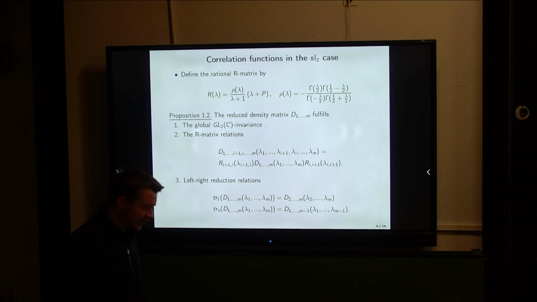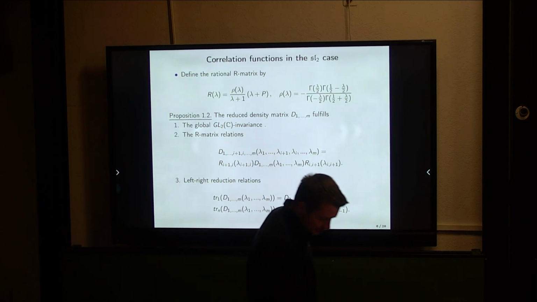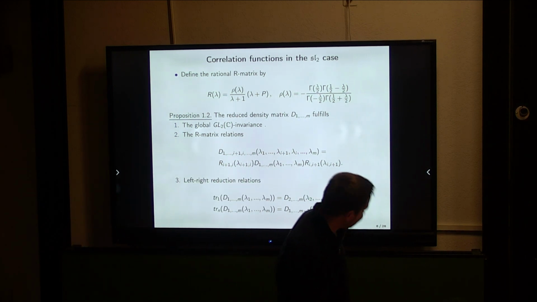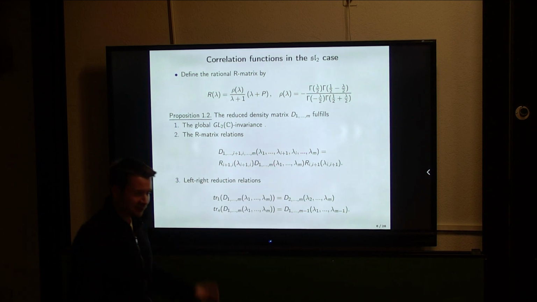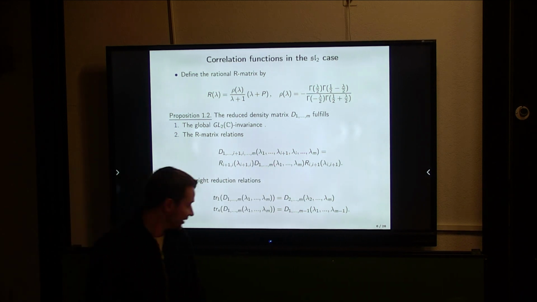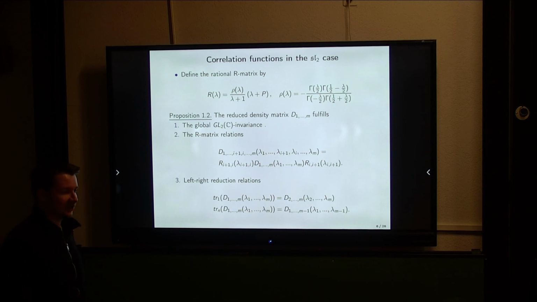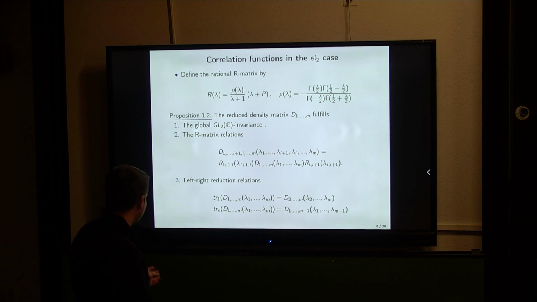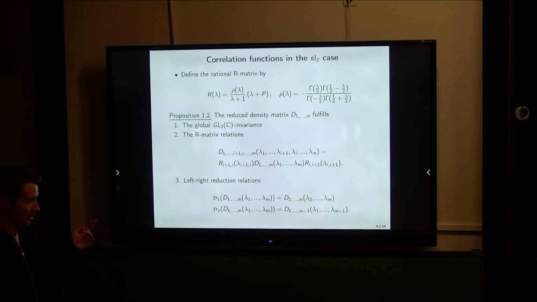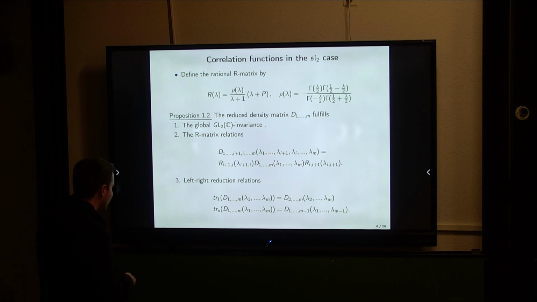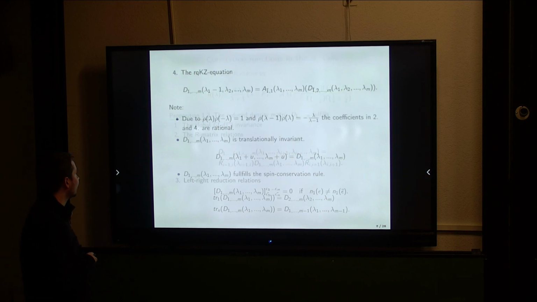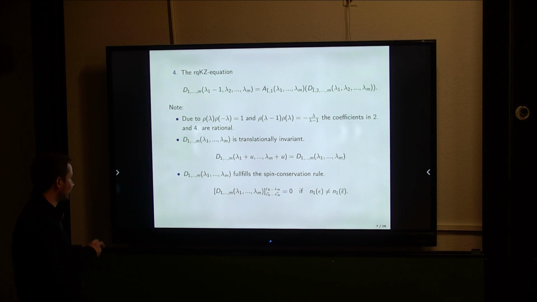Okay, so let's go a little bit deeper into the material. The density matrix itself satisfies 6 very important properties, which are the global GL2 invariance, the R matrix relations, the left-right reduction relations, the RQKZ relation, and 2 more.